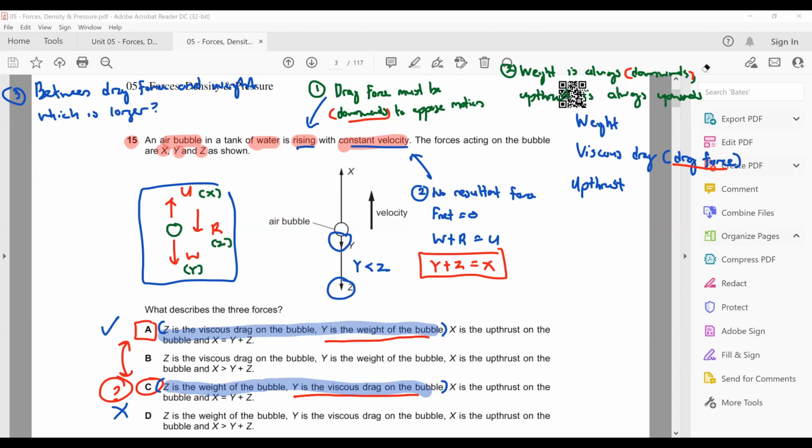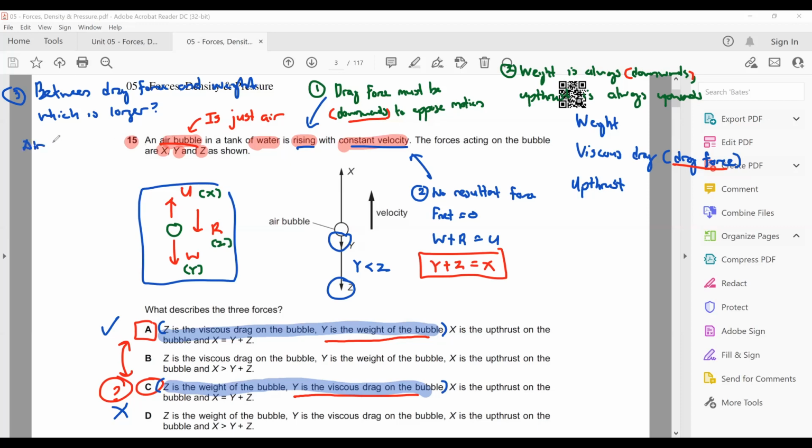There's one keyword here. It's an air bubble. An air bubble is just a lump of air. So what can you say about the weight of air, of an air bubble, no less? It's going to be very little, right? Okay, so here what you can see is that because this one is an air bubble, it's just air.